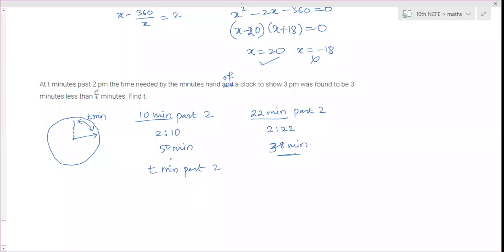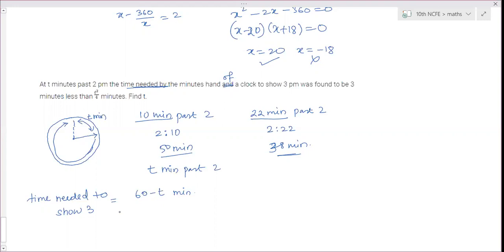Have you got 50 minutes? It is now t minutes past 2. So how long will it take to show 3? 60 minus t minutes. So the time needed to show 3 is equal to 60 minus t minutes, right?